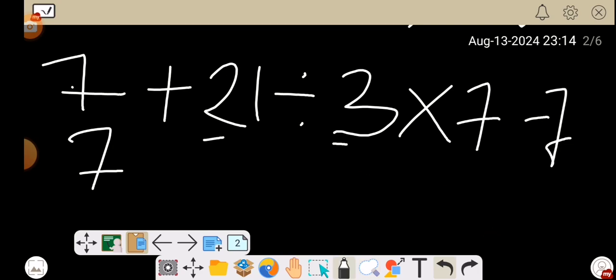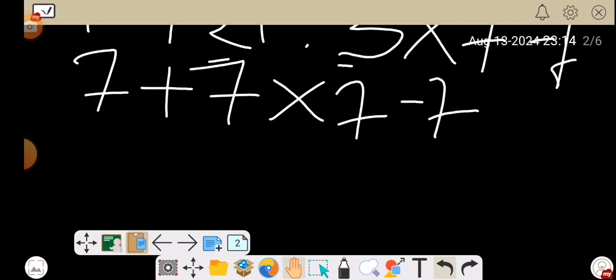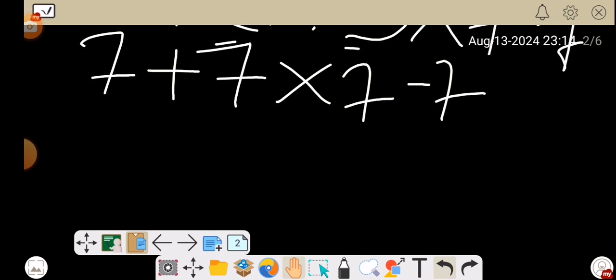So here we say plus; instead of writing 21 divided by 3, we write 7 times 7 minus 7. Our second thing is to follow the order of BODMAS: brackets, of, division, multiplication. The other part is multiplication, so we multiply 7 by 7. 7 times 7 gives us 49.